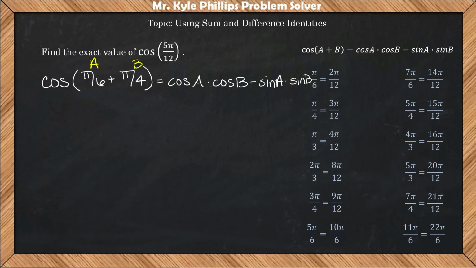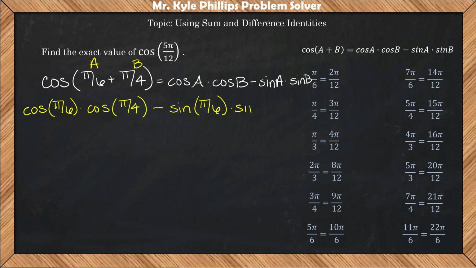So cosine of A is the same as cosine of pi over 6 times cosine of B, pi over 4, minus sine of A, so that would be sine of pi over 6, times sine of B, which is pi over 4.